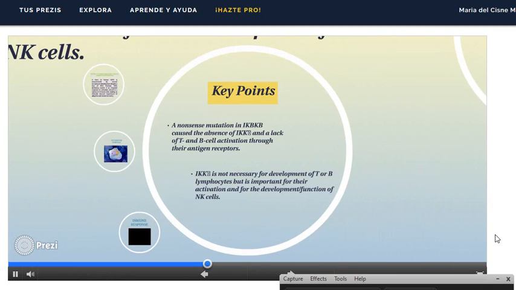Key points. Mutation in Ikbkb caused the absence of IKK2 and a lack of T and B cell activation through their antigen receptors.